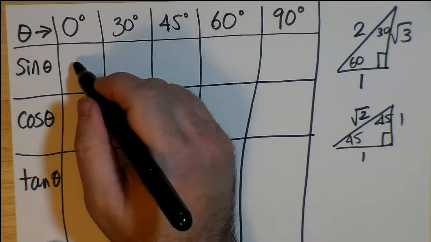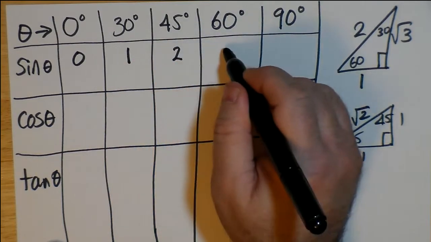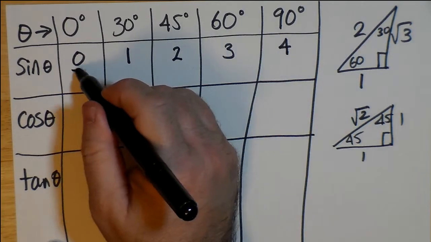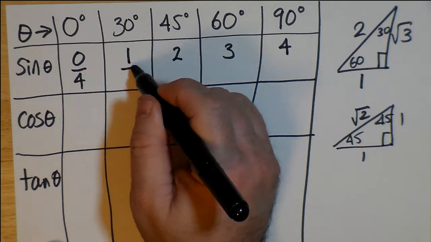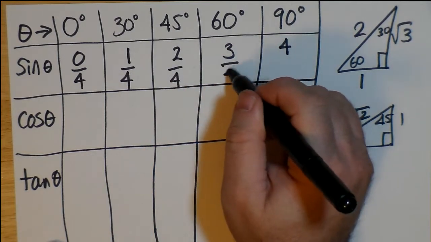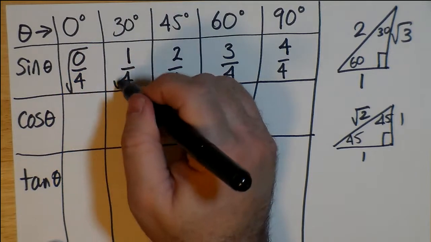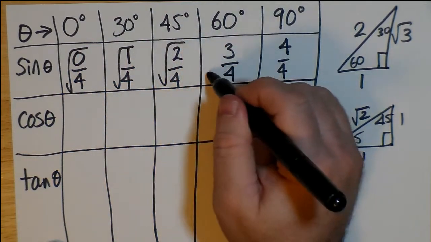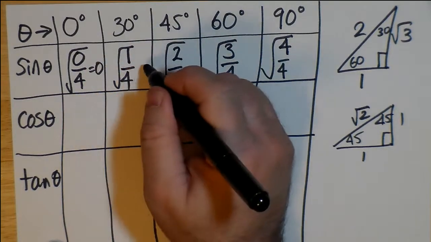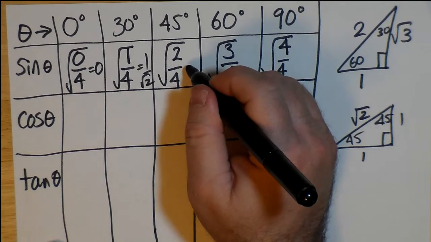And let's now write in across the table row marked sine the numbers 0, 1, 2, 3, and 4 respectively. Divide everything by 4, and then take the square root of everything. What results is the correct trigonometric ratio for sine, cosine, and tangent respectively.